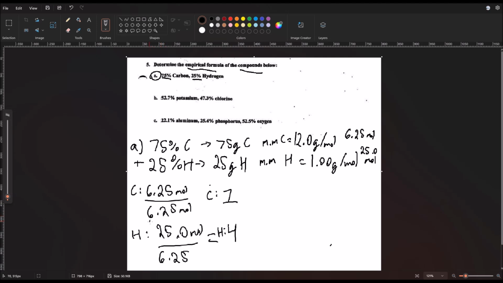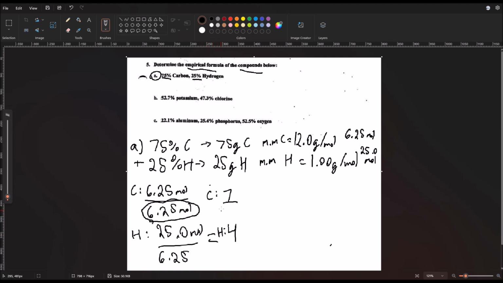By using the smallest value, we set a baseline for the smallest value of moles. So carbon is kind of like our baseline, our home base. We're using it as a reference to the ratio of other elements. And in this case, it's very clean. It's very orderly.